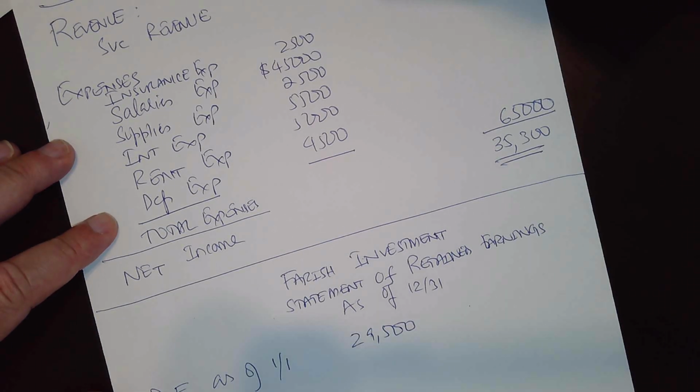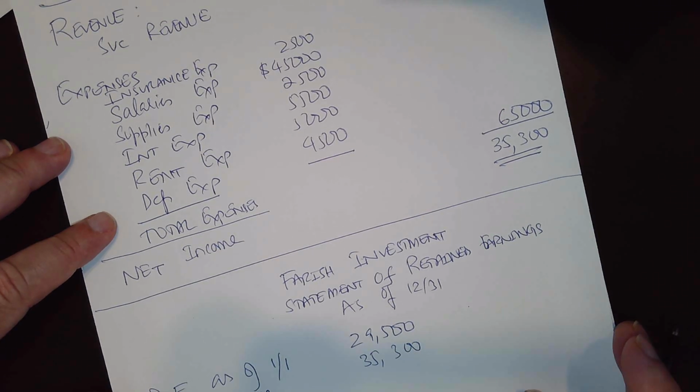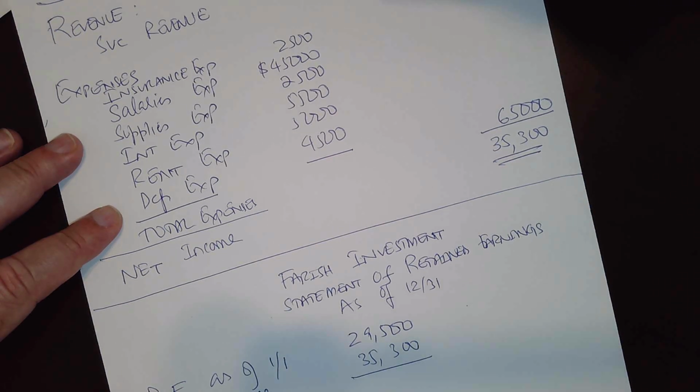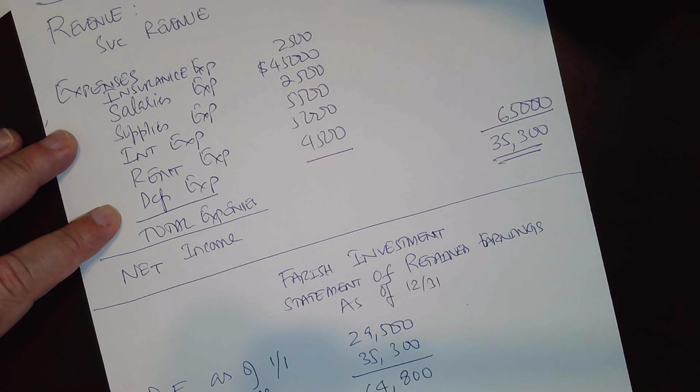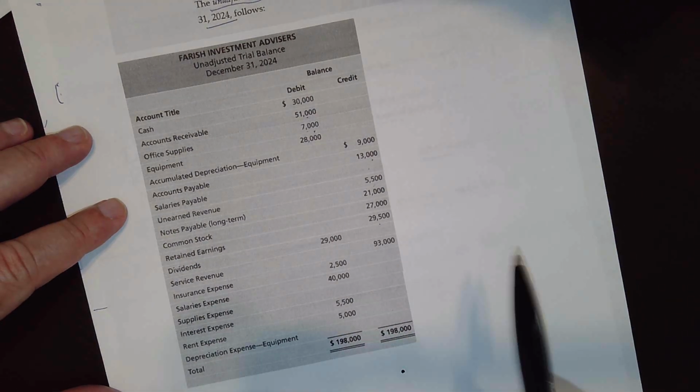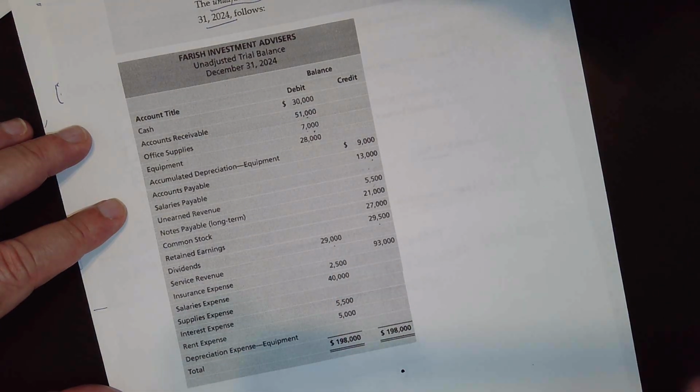And then we add the net income, which we have just calculated, for $35,300. So that gives us a total of $64,800. And then we subtract the dividends that we have paid. How much dividends do we have? The dividends we have is 29,000.